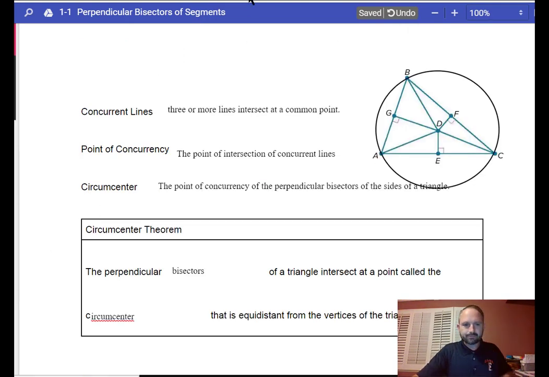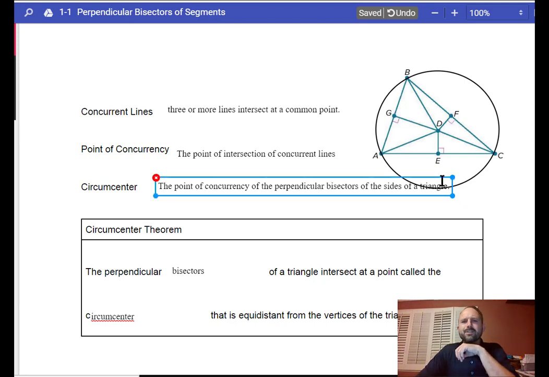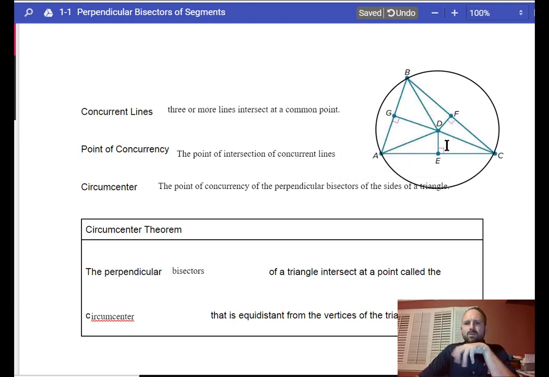Let's show you. All right, that took me way too long, but this is what the circumcenter is. Each of these points is equal in distance from the center, the circumcenter.